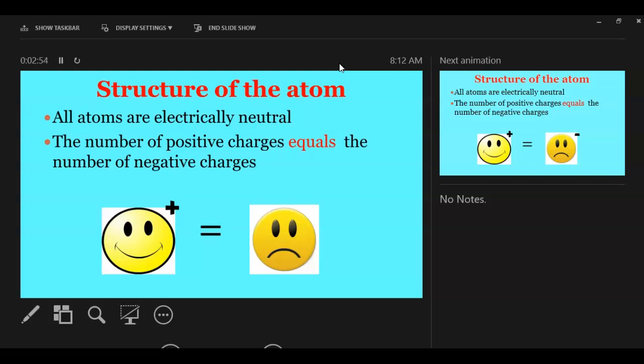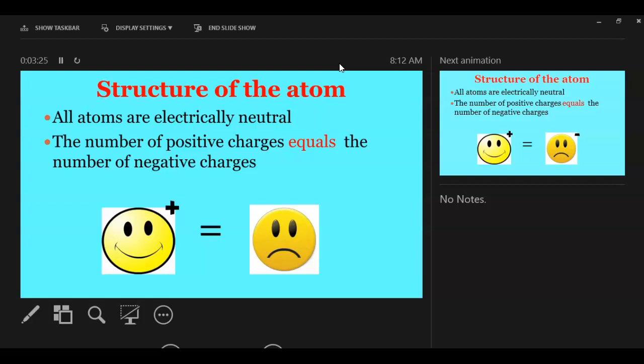Just to give you an idea, the mass of a single electron is 9.1 times 10 to the negative 31st kilograms. That is super duper teeny tiny. Each electron has a mass of 9.1 times 10 to the negative 31st kilograms.